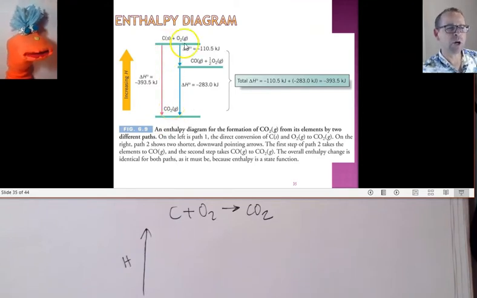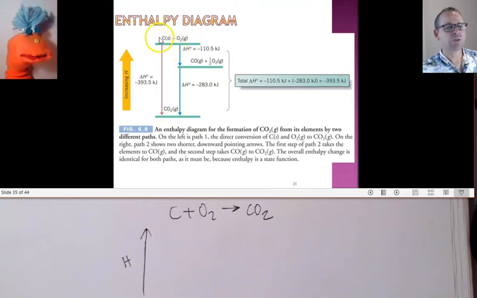Well, if the carbon and oxygen only partially react and form not carbon dioxide but carbon monoxide, then the amount of heat energy that's released is less. And then if that carbon monoxide and oxygen continue to react to form the carbon dioxide, you end up with the same amount of energy in your system, carbon dioxide here, that you started with.